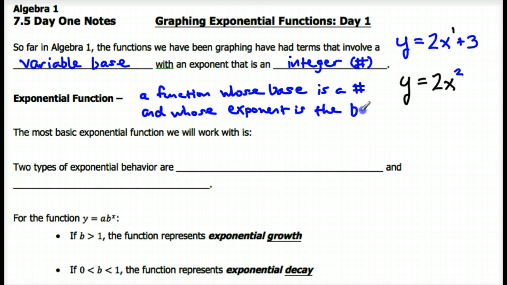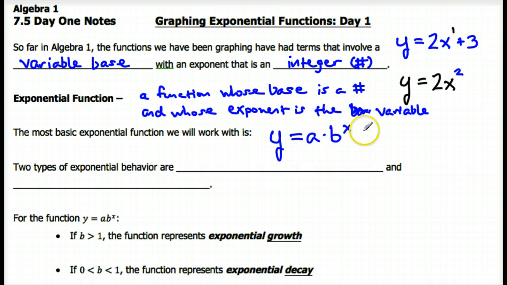So an exponential function is a function whose base is a number and whose exponent is the variable. And so the most basic type of exponential function we're going to work with is going to look like this. It's going to look like y equals a times b to the x power.